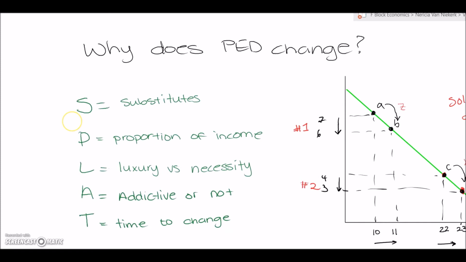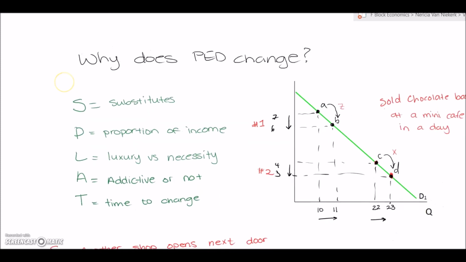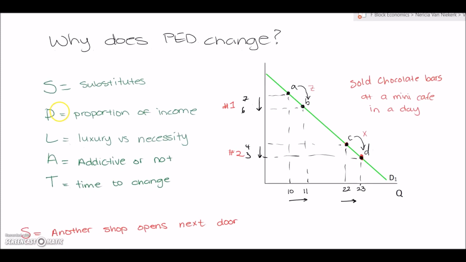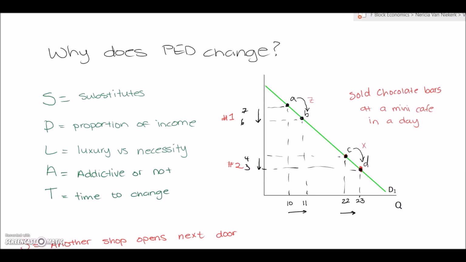Why does PED change? Well, there are many factors that influence this. For example, you have many substitutes, proportion of income, luxury versus necessity, addictive or not, and time to change. In this case, this graph represents the amount of chocolate bars being sold at a mini cafe in a day.